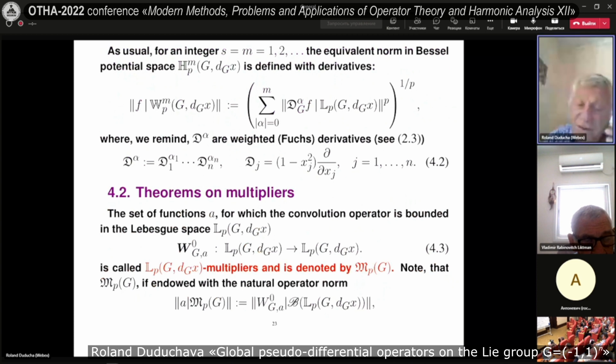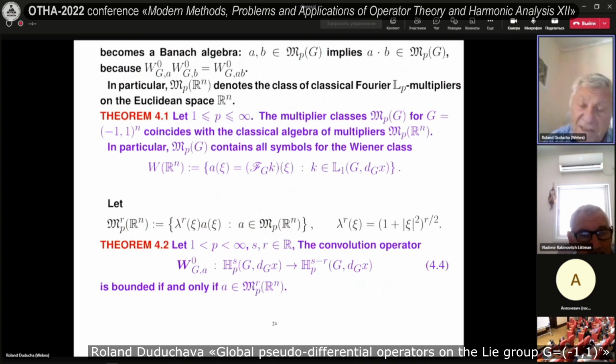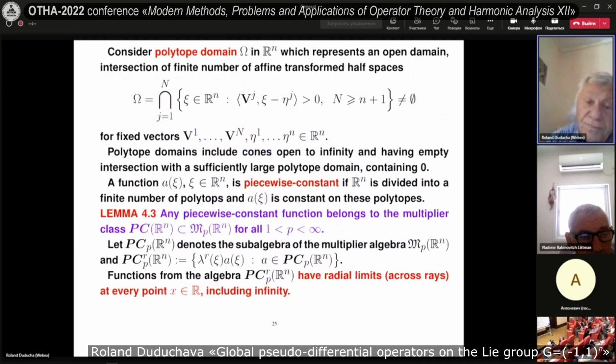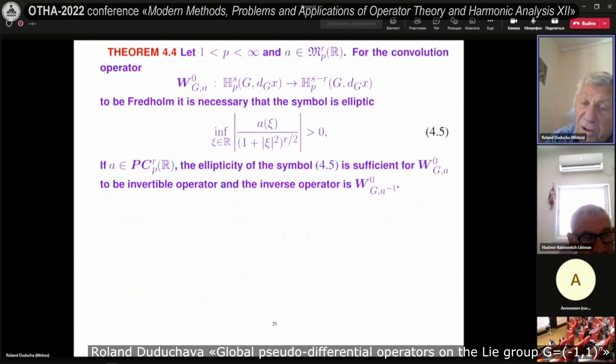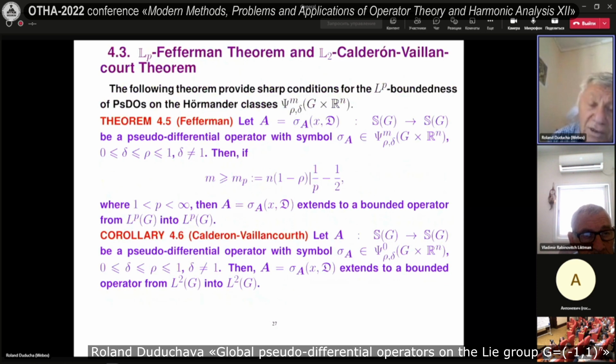We can prove theorems on multipliers. I dropped these theorems on multipliers. For example, the functions of bounded variation, in a certain sense, give again multipliers here. The Pfeffermann theorem has a complete analog here, as well as the Calderón-Vaillancourt theorem for L2 spaces.